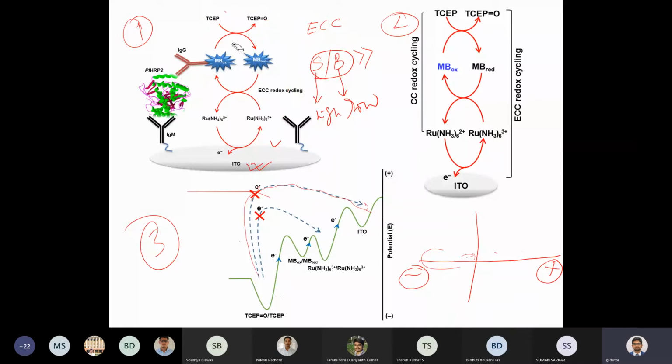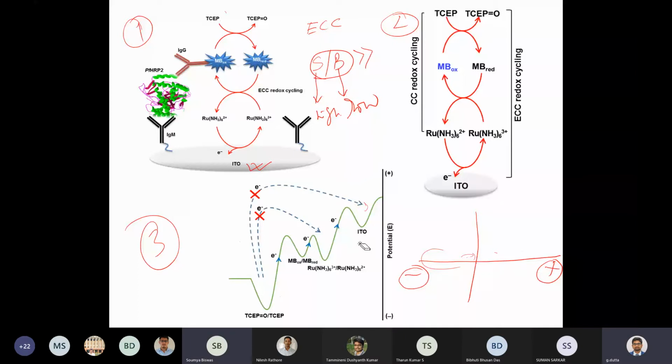I mean, the whole redox reaction should go smoothly for generating a high signal to background ratio. It is implying this one. So this reaction should go smoothly, but this reaction no, this reaction no. So from this figure you can understand which reaction is the unwanted reaction and which one is the wanted reaction. Clear?